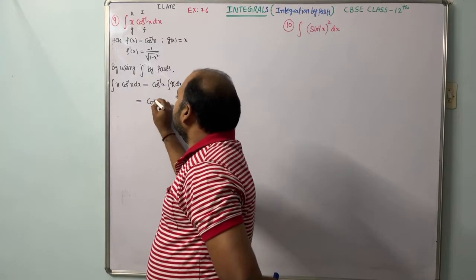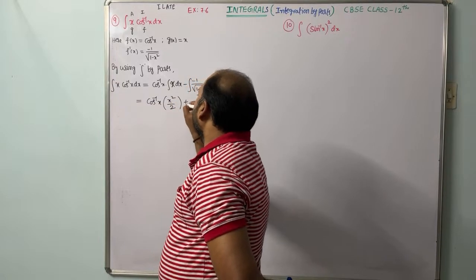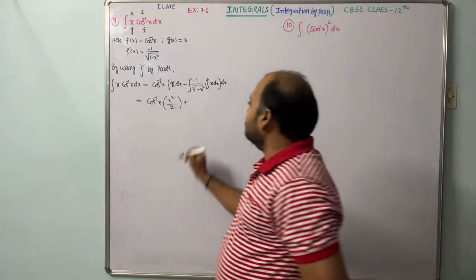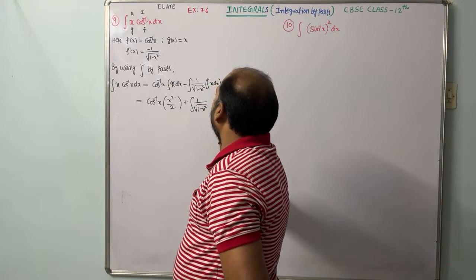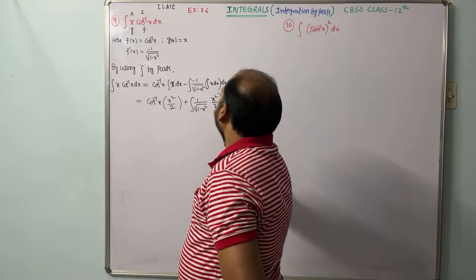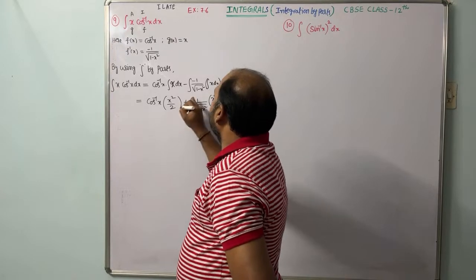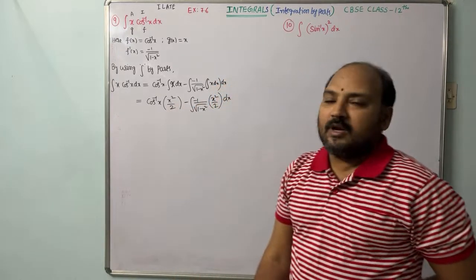So cos inverse x into integral x dx is x square by 2, minus into minus is plus, integral 1 by root of 1 minus x square, integral x dx is x square by 2, into dx. Otherwise keep the minus here also, nothing will happen.